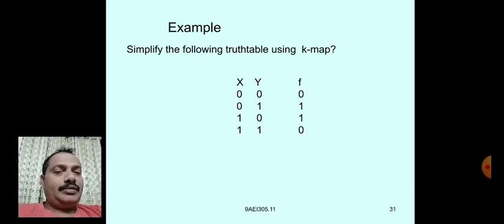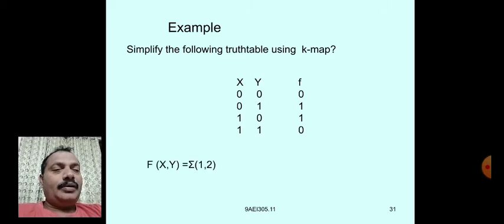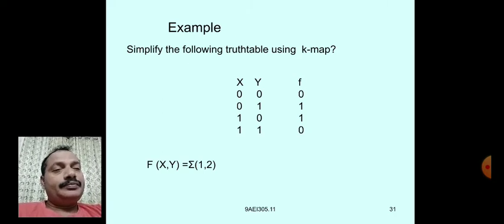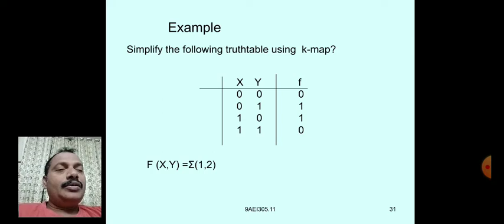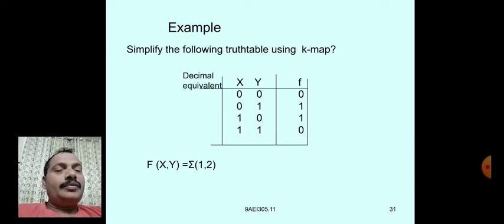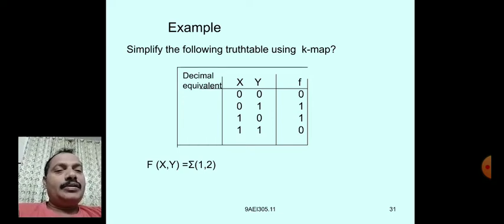This is the question. Simplify the following truth table using a K-map. This expression can be written like this: f of x comma y equals sigma m 1 comma 2. Only two variables are there, hence we can write the truth table of two variables, and the decimal equivalent also.